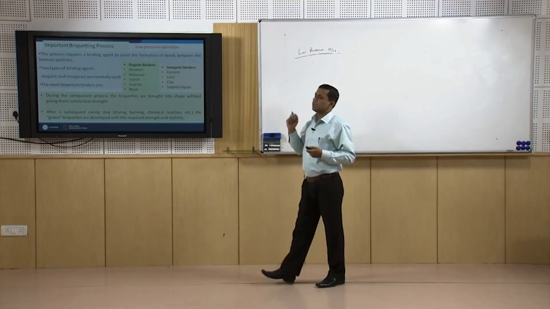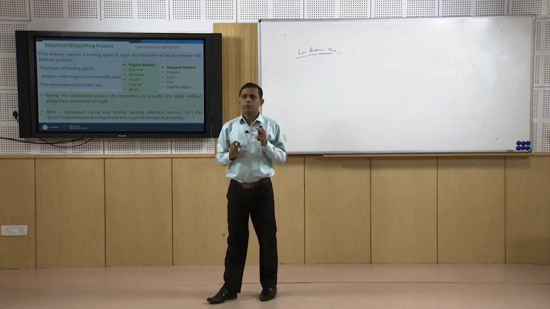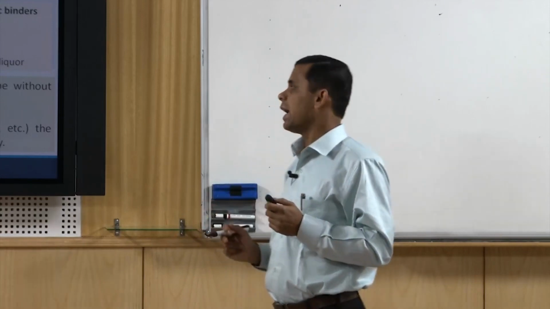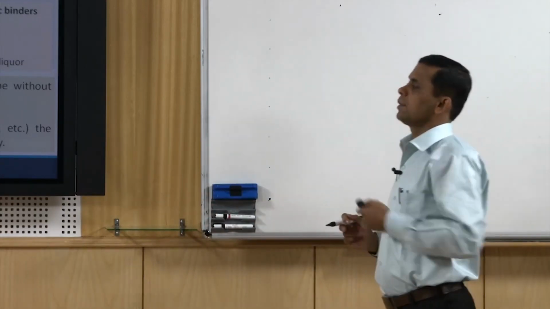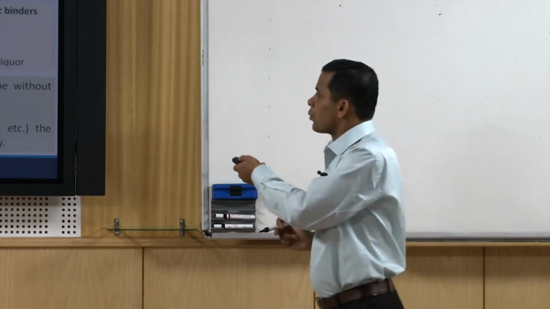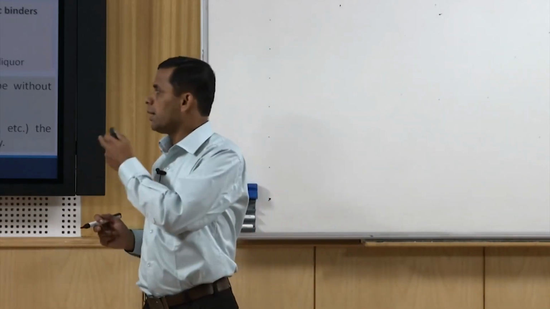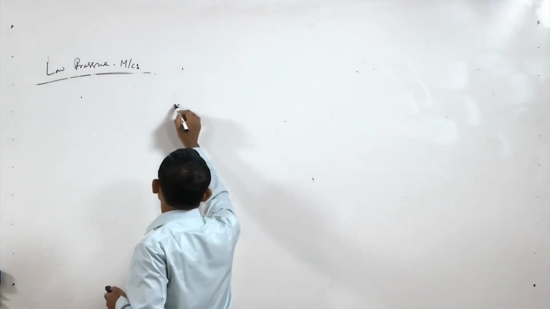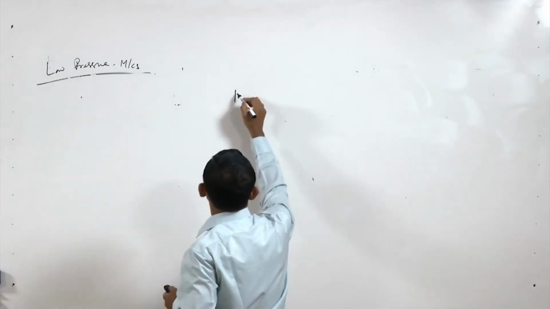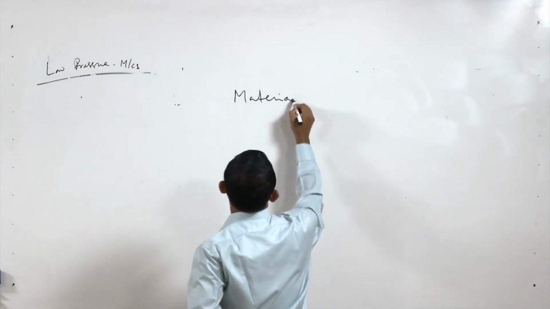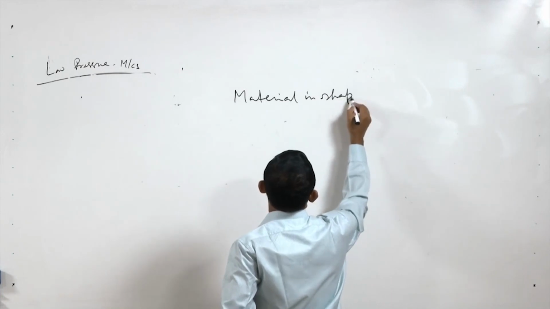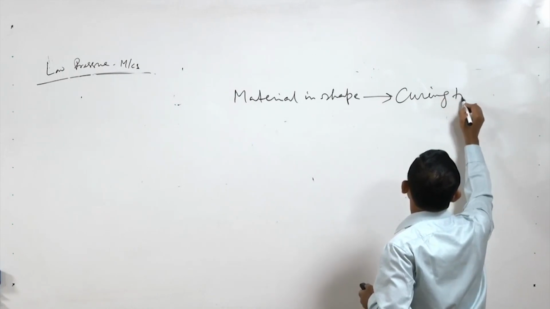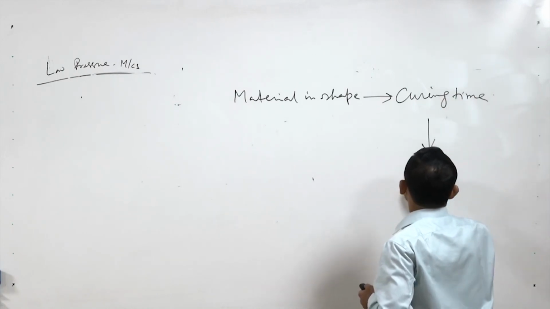So, we will get the briquettes, but the main difference between the high pressure and low pressure processes is that during the compaction process the briquettes are brought into shape without giving them substantial strength. So, in the first step we bring the materials into shape, and in the second step we give some curing time, and it gives us green briquettes.